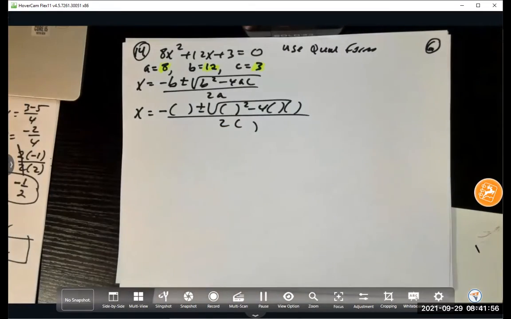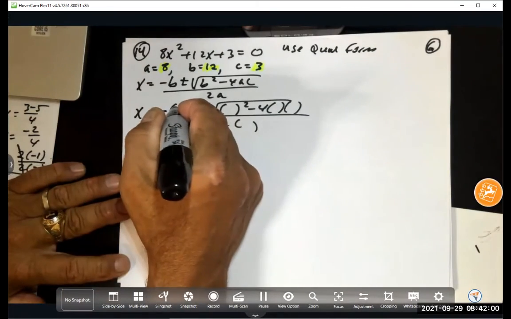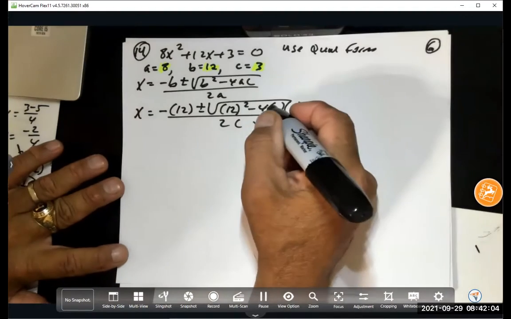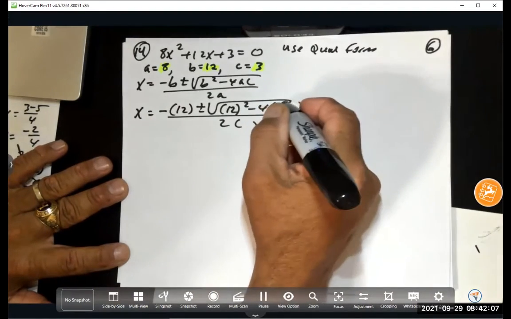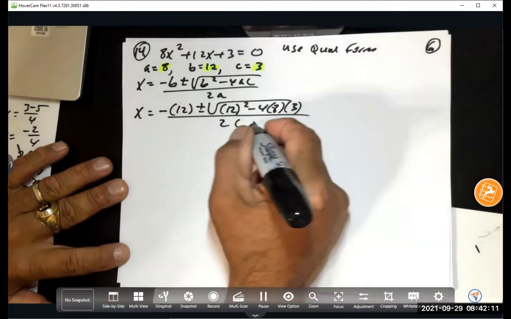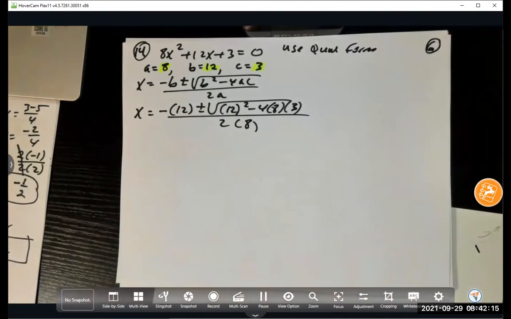Ready? What is letter B? 12. What is letter A? 8. What is letter C? 3. Letter A again? 8. So we okay with those numbers, the A, B, C's in there for all those numbers?